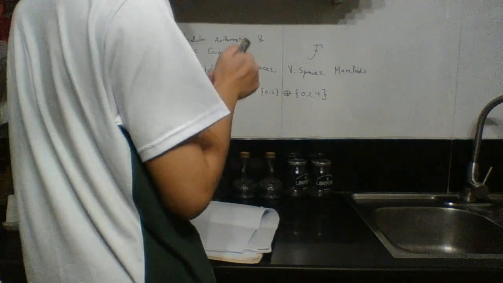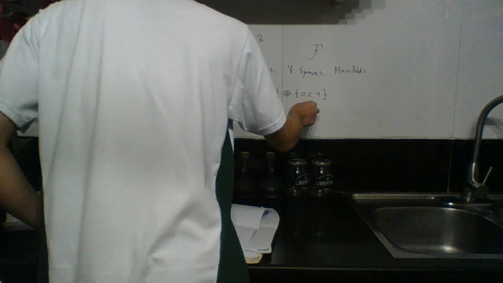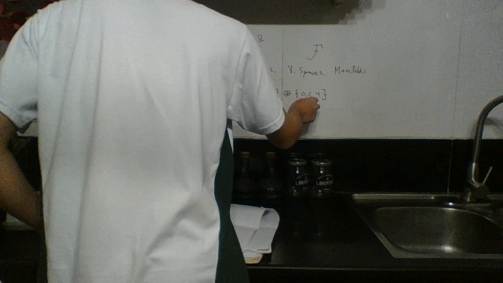Now, the reason why this is the case is because when we take the direct sum of these, we add these two elements to each of these elements. So 0 plus 2 plus 0 is just 2. 0 plus 2 is 4. 0 plus 2 plus 4, I think we also missed 3.